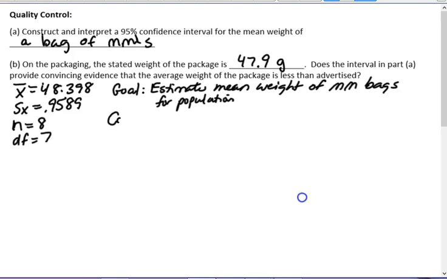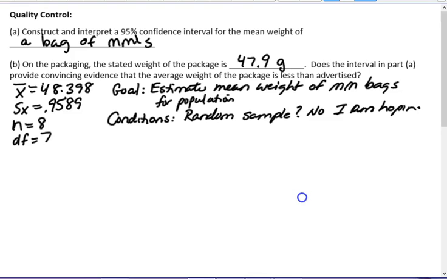So now I need to check my conditions. Do I have a random sample? Well, you have no idea what I did to get this sample. I bought these 8 bags of M&Ms at a CVS, so I know I didn't really get a random sample. Random sample, no. I am hoping these bags are typical of all M&Ms.